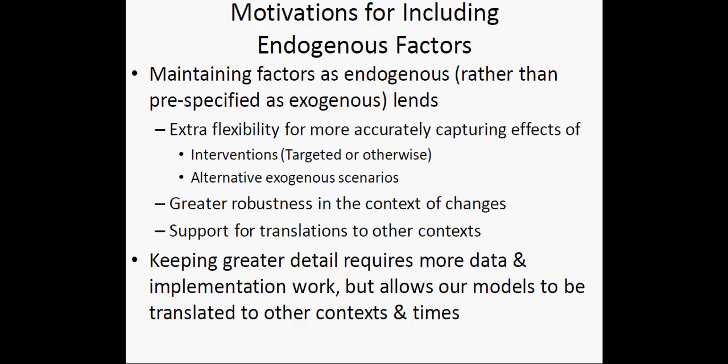Do we represent a whole state chart with a pregnancy state associated with it? Do we represent males as distinguished from females? Do we represent the age structure of the population as it affects fertility? And models will differ in how they answer these questions.